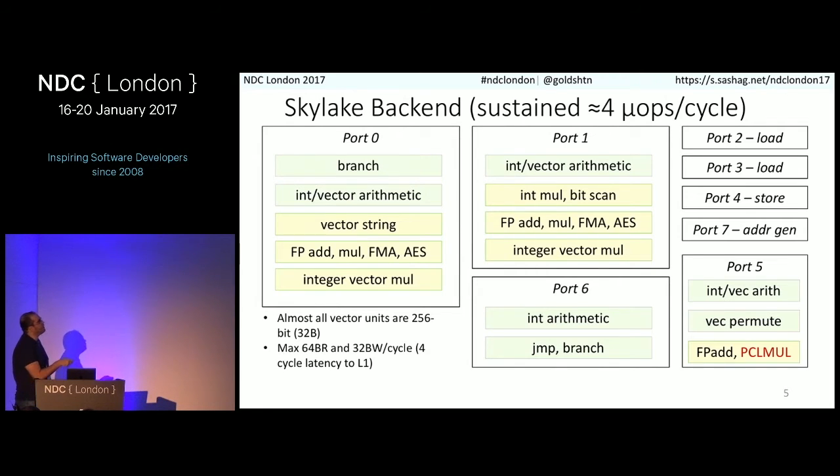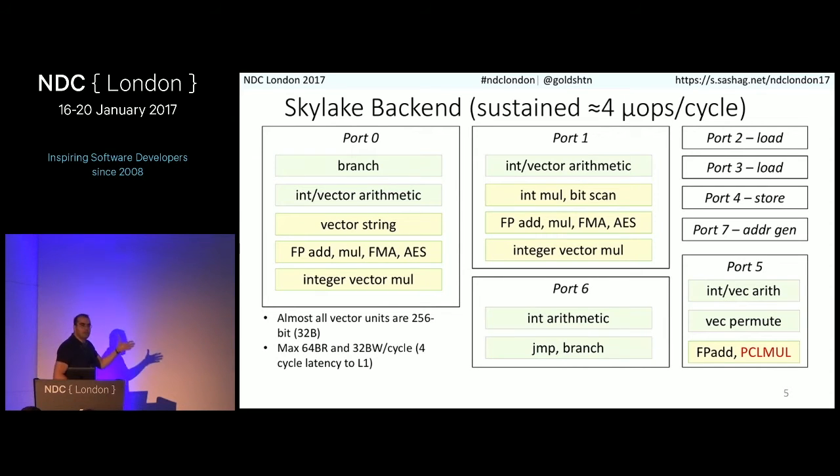For example, we have port 0, which is responsible for things such as branching, arithmetic, string operations, multiplication, and even AES encryption, which is something Intel processors have been able to do for quite some time now, for a couple of releases back. Port number 1 does arithmetic as well, and also multiplication, encryption, and floating point operations.